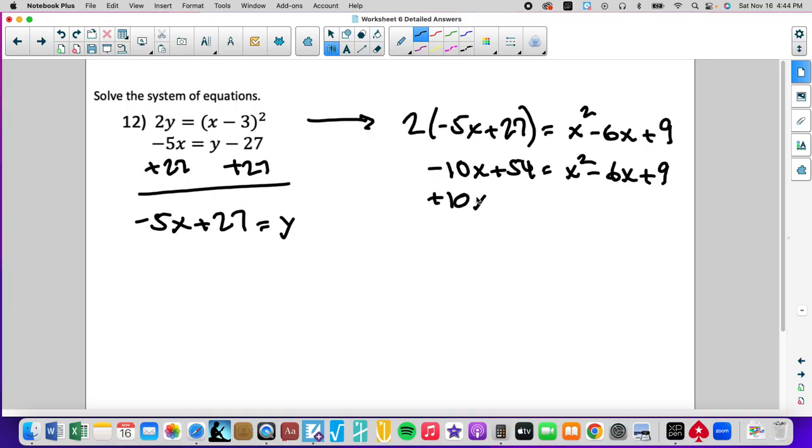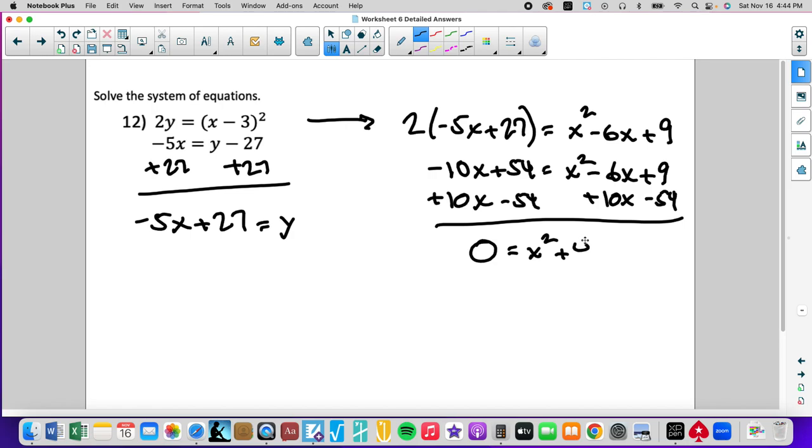Let's set it equal to 0. So move everything to one side: 0 equals x squared plus 4x minus 45. Now we want factors of 45 that, when subtracted, equal 4. That's 5 and 9.